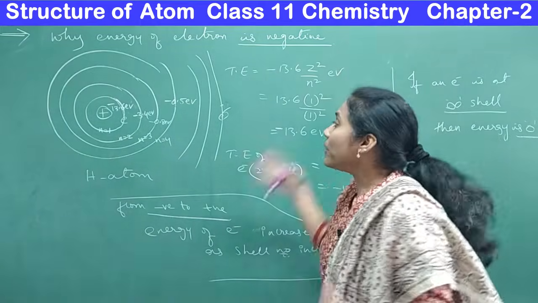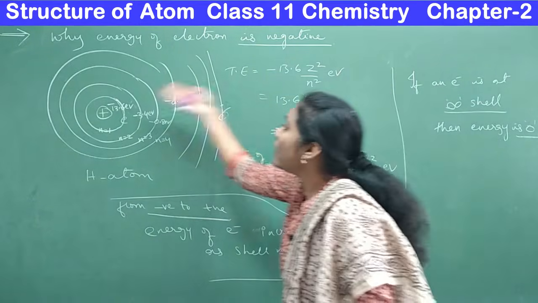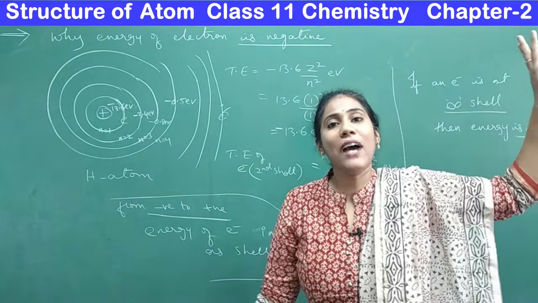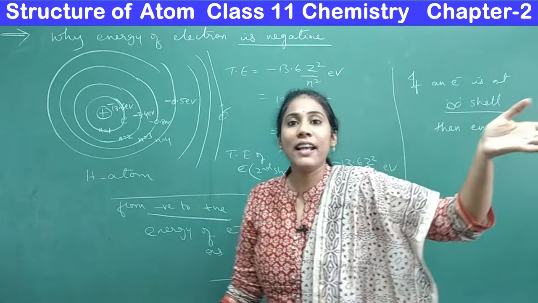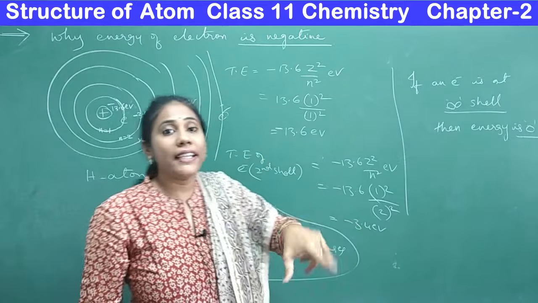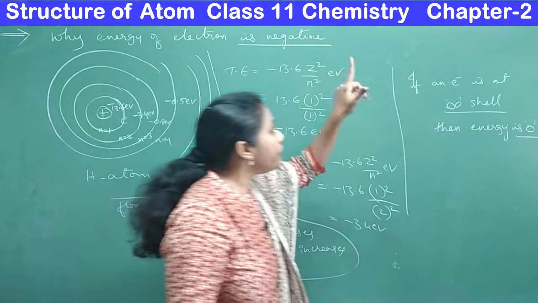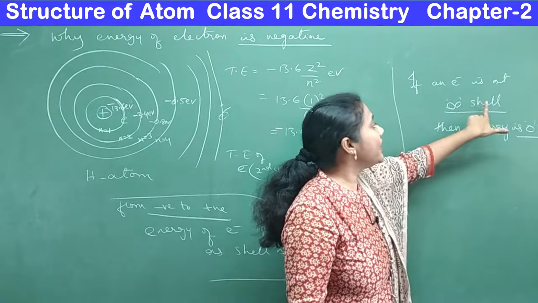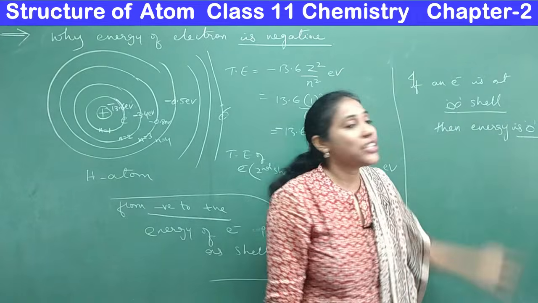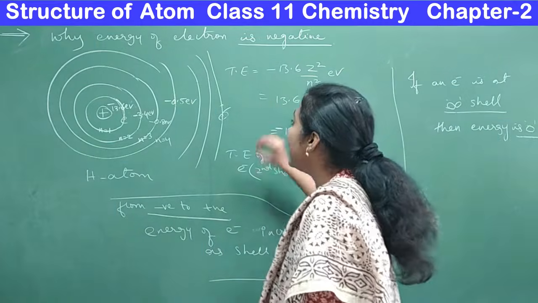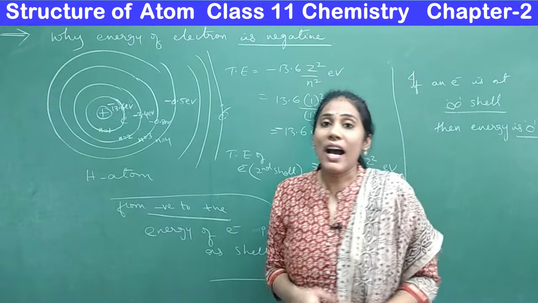No, right? You can't say that electron belongs to this atom. It is somewhere very far. It has become an outsider now. So that is why we generally say if the electron is at infinity shell, its energy is 0. So that means its energy is very high.